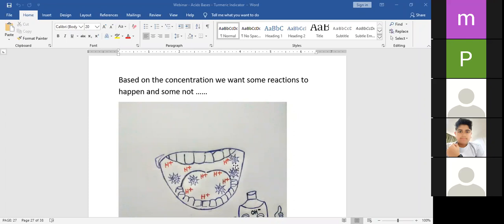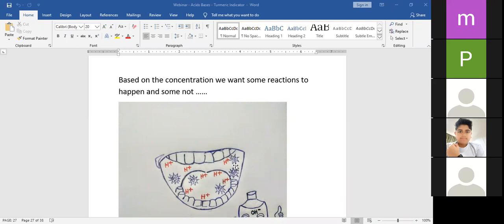Sometimes you also drink an acid, right? All the cool drinks, it's directly an acid. So this acidic nature is conducive to the bacteria that's there in the mouth. When I say conducive, that means it helps or motivates the growth of this bacteria. And that's why you have a decayed tooth. And the other important reason is that the acid corrodes the enamel on the teeth. So we don't want this acidic nature in the mouth.